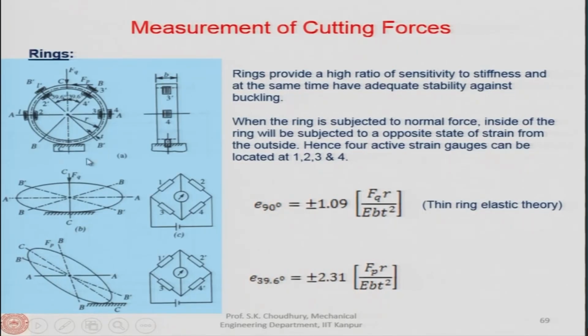Now, it has been seen from the thin ring elastic theory and the photoelastic studies that the nodes where the maximum strain will be occurring are at a 90-degree angle and at an angle of 39.6.